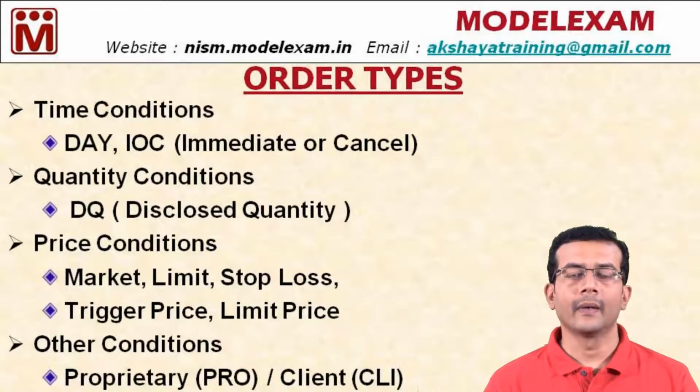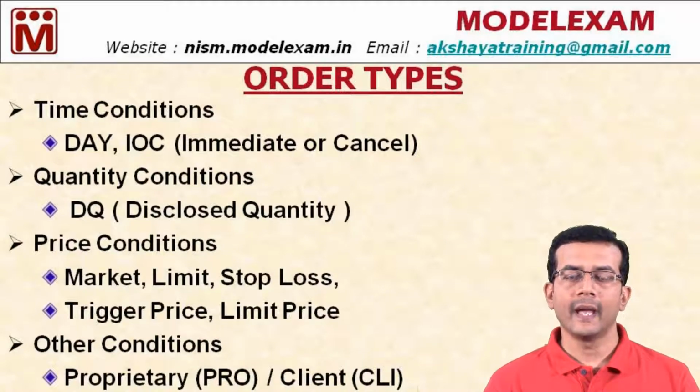So for example, if a trader is entering an order of say 1000 shares and he wants it to be an IOC order, then when that particular order gets into the market, it finds a match for 1000 shares.